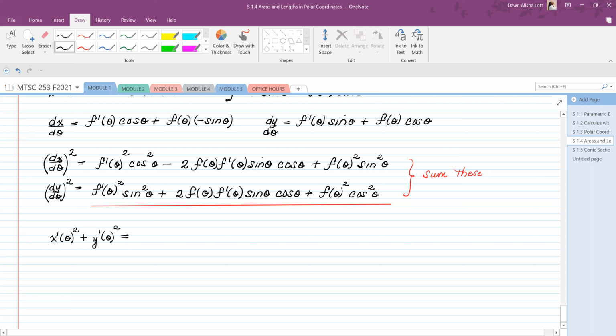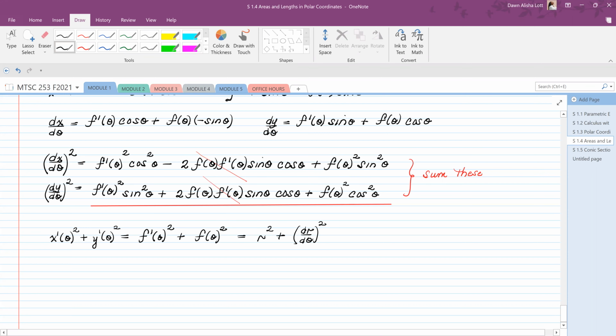I'm going to have f prime of theta squared cosine squared of theta plus f prime of theta squared sine squared of theta. I can factor out cosine and sine and just get f prime of theta squared. The middle terms are going to subtract out. And then the last two are going to give me f of theta squared times sine squared plus cosine squared, so I'm going to get f of theta squared. I can conveniently write this as r squared plus the derivative of r with respect to theta, squared.